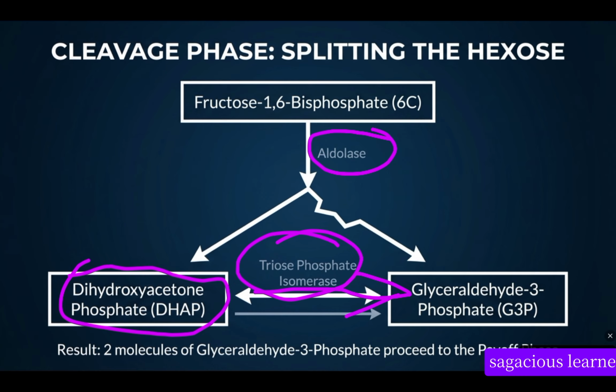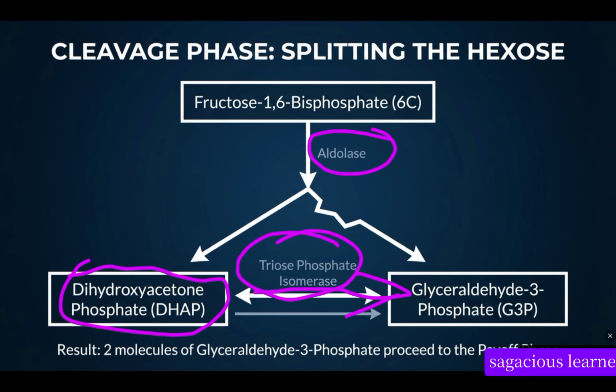Triose phosphate isomerase. While fructose 1,6-bisphosphate is converted to dihydroxyacetone phosphate and glyceraldehyde triphosphate by an enzyme known as what? Aldolase.